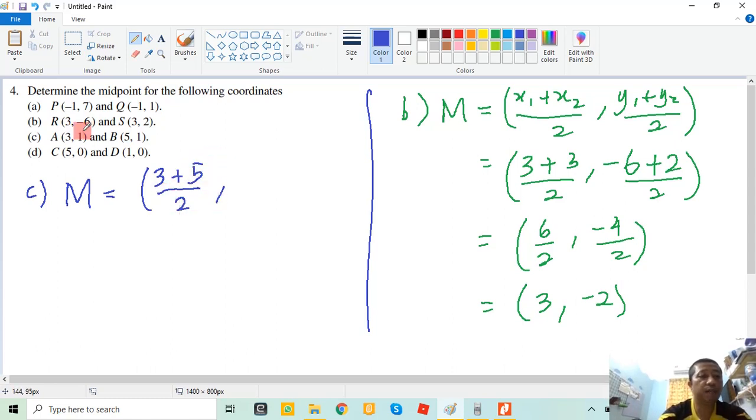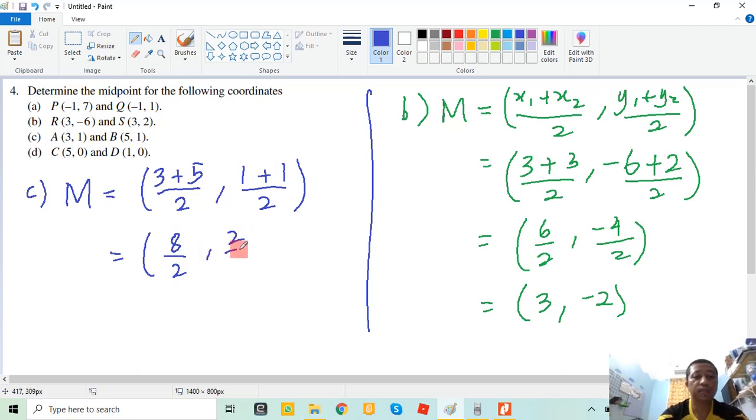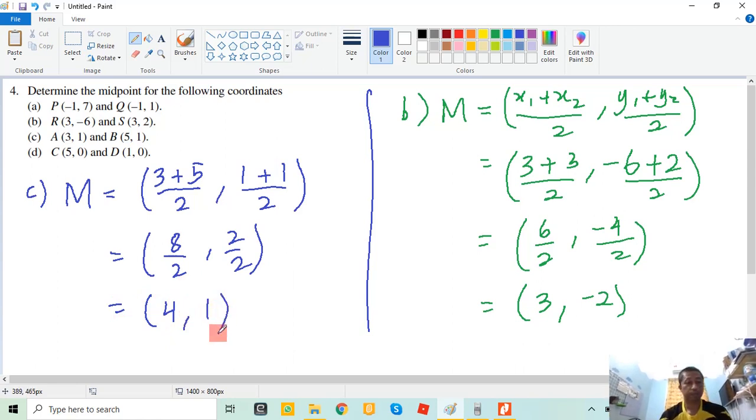And then y1 from here is 1 plus y2 from here, also 1, divide 2. So 3 plus 5 is 8, divide 2. 1 plus 1 is 2, divide 2. Answer is (4, 1). Okay.